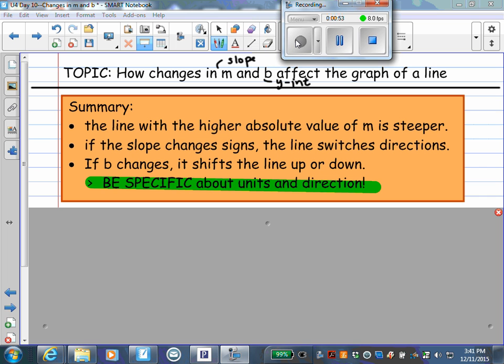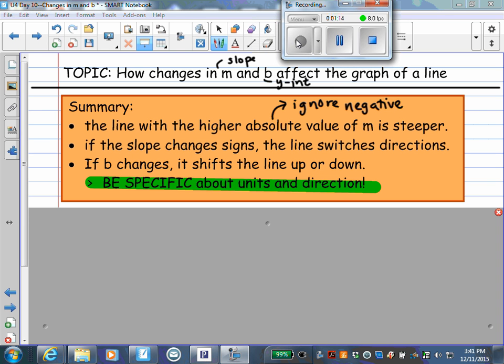So in summary, the line with the higher absolute value of M is steeper. When it says absolute value, we are just going to ignore the negatives, because the negative really is just telling us what direction the line is going.